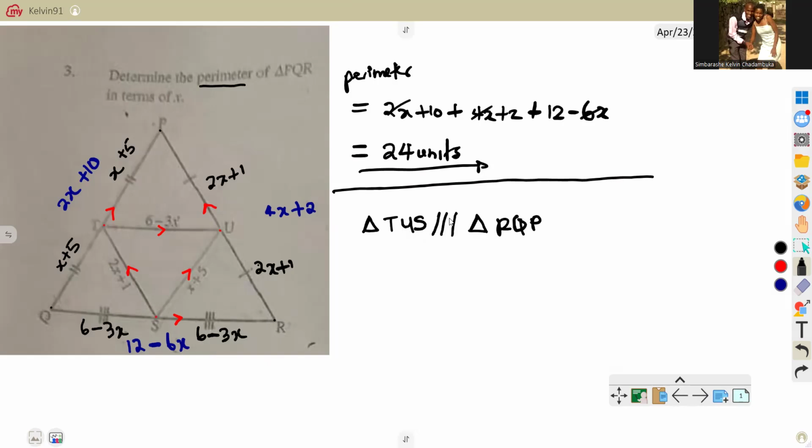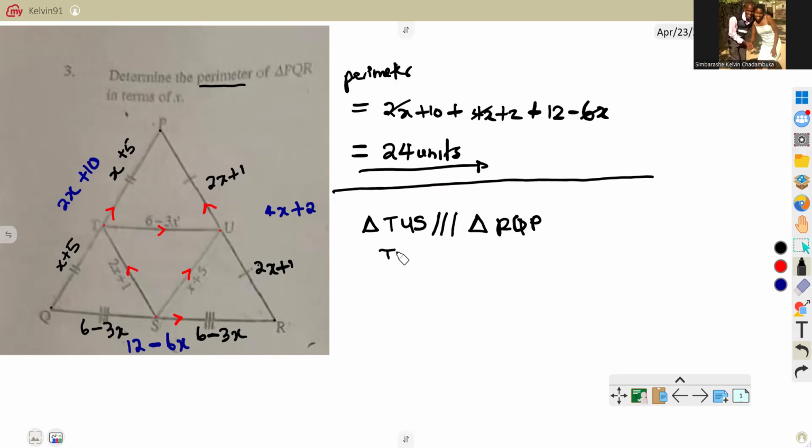Because if we check TU here, it is this one, which links with this side. If you check US here, it links with this one, which has QP and the other one. Since these two triangles are similar, we can calculate the relationship between their sides. You just have to check the two corresponding sides.